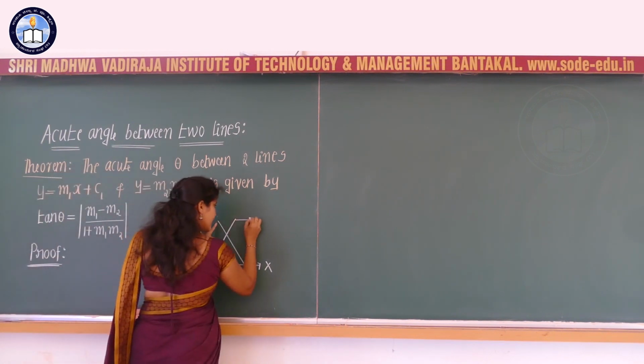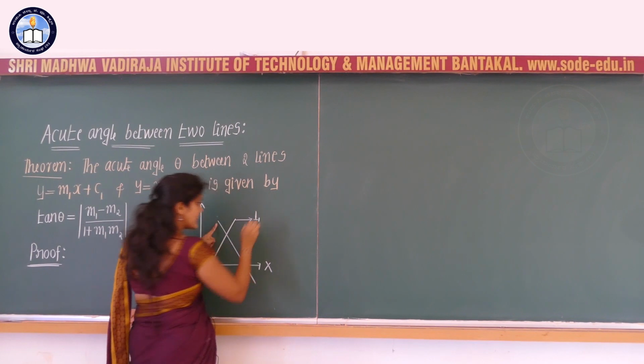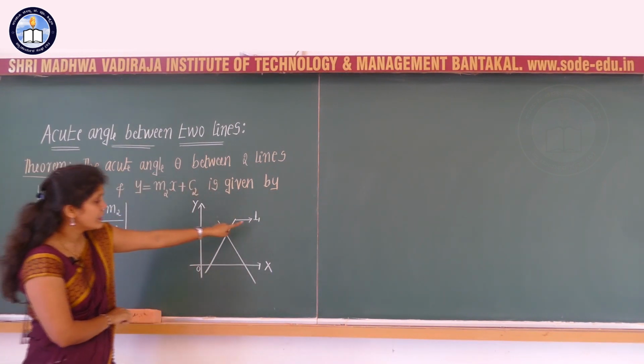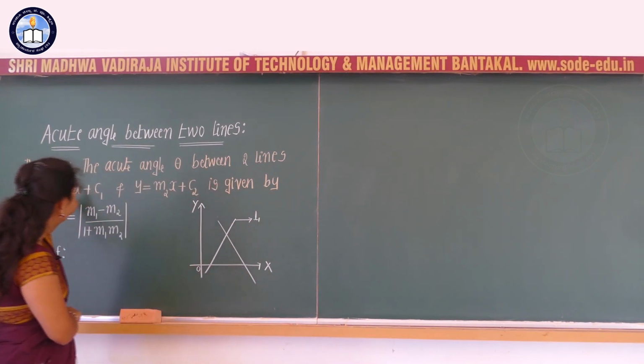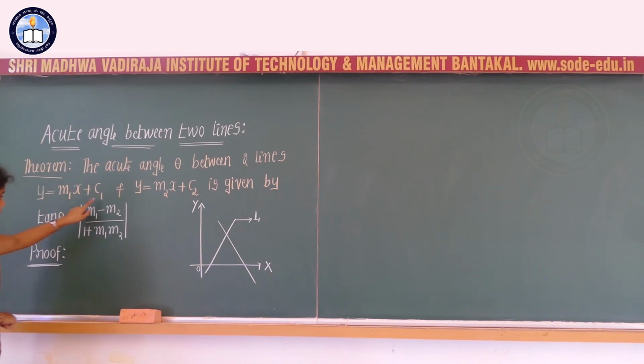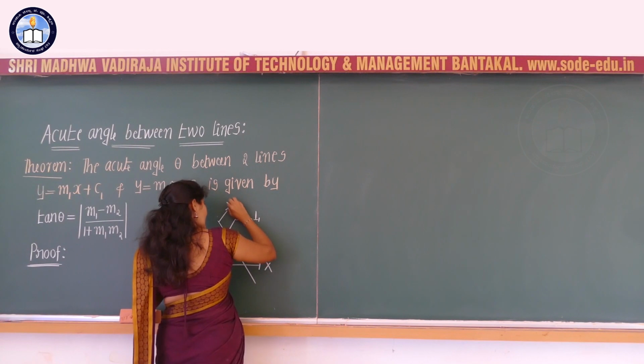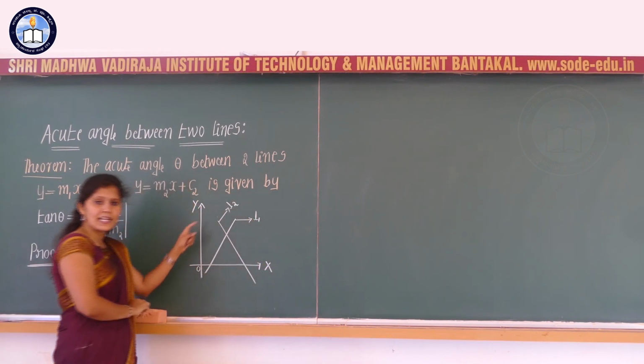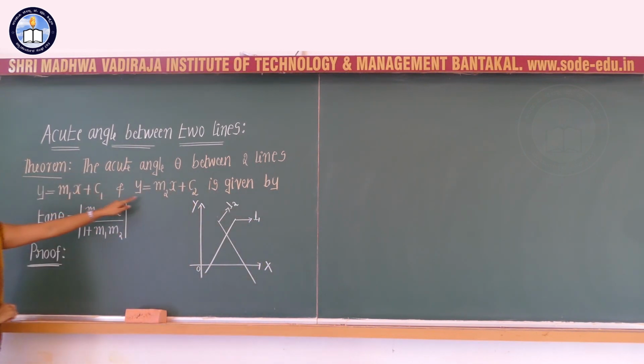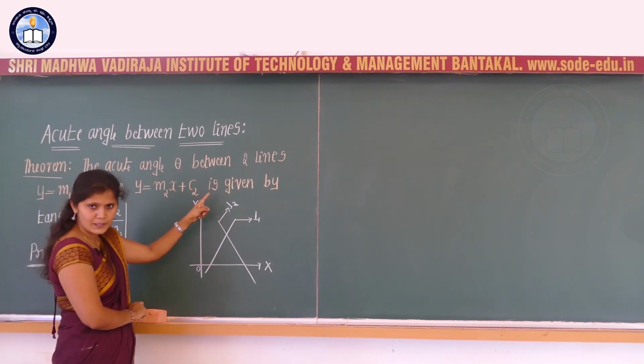I will consider the first line as L1, a line with the equation y is equal to m1x plus c1, and the second line as L2, a line with the equation y is equal to m2 into x plus c2.